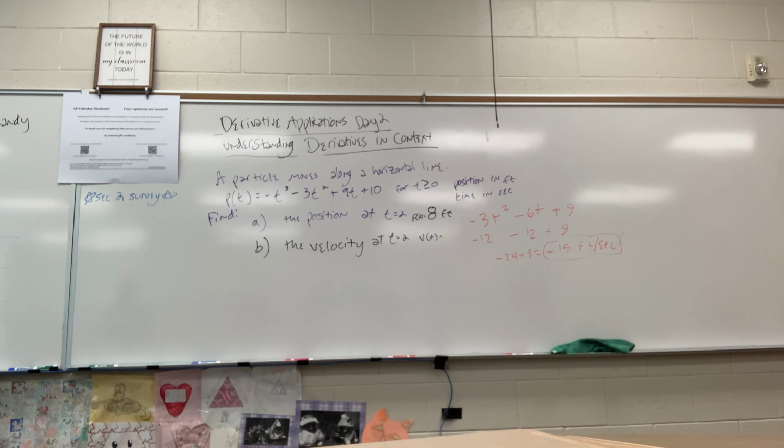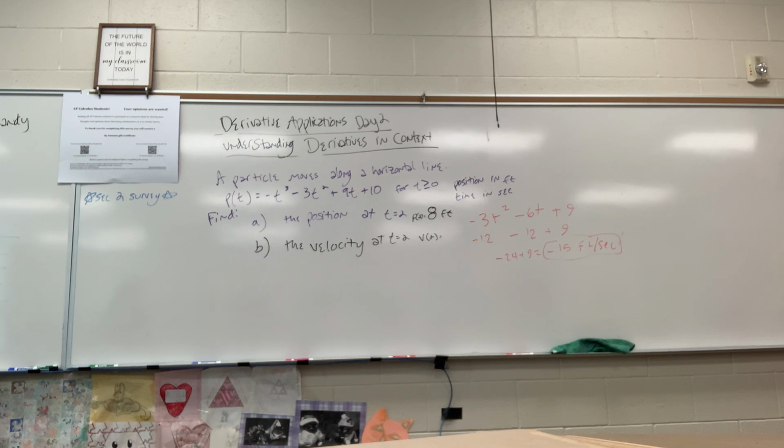Keep building on this. We're class collaborating. What does that mean? If it doesn't have a direction, tell me something else I can interpret from that. The negative would mean that it's speeding up or slowing down? Not necessarily. We don't know what direction it's going. So what should I take away from velocity if I don't know what direction it's going?